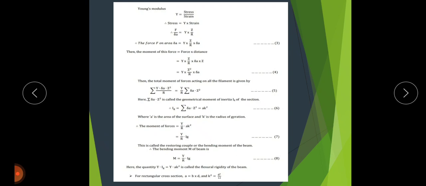Here for the rectangular cross section, area is equal to breadth into height.